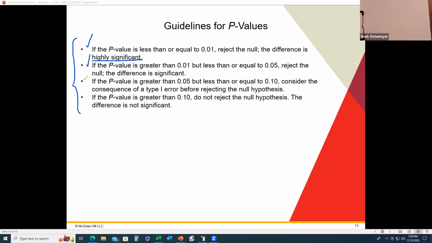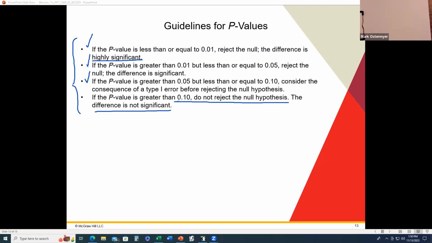It's still probably okay to reject a null hypothesis, and you still stand a relatively small chance of committing a type 1 error. But if your p-value is greater than 0.10, do not reject the null hypothesis. Now the difference is not significant between your test statistic and your purported hypothesized value of your population parameter, in which case, ladies and gentlemen, you do not want to reject the null hypothesis.